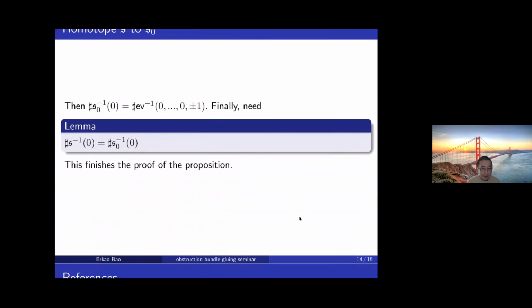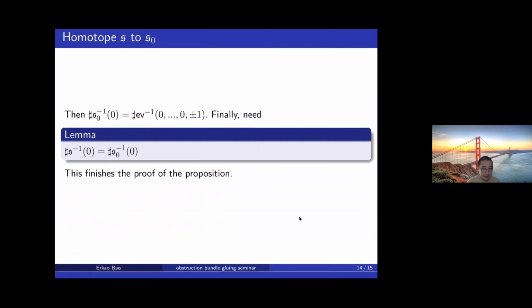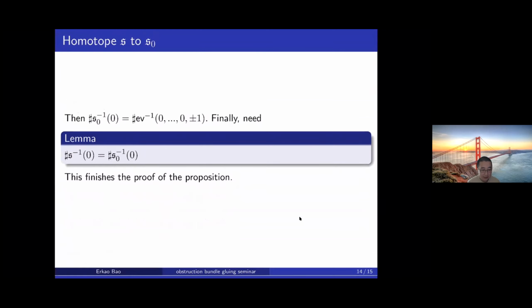Then the final piece that we need is the following lemma. We want to show that the number of zeros of the obstruction section is the same as the number of zeros of the linearized section.